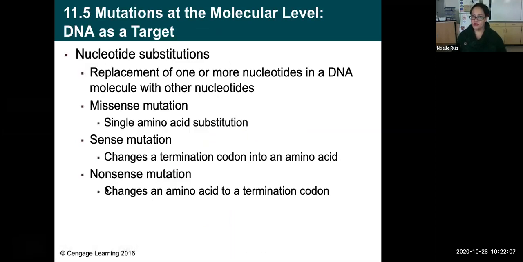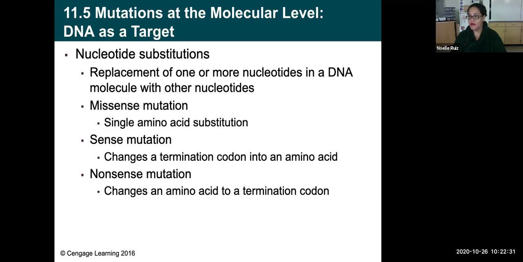Nucleotide substitutions are the replacement of one or more nucleotides in a DNA molecule with other nucleotides. So the ones we've just been talking about are nucleotide substitutions. There can be a missense mutation where a single amino acid gets changed. A nonstop mutation changes a termination codon into an amino acid.